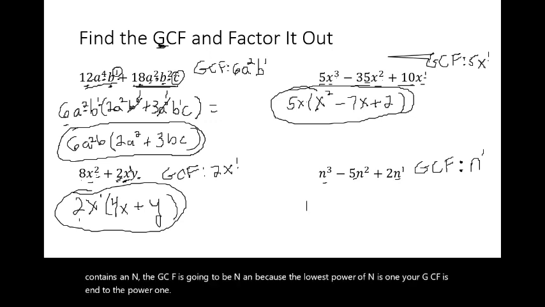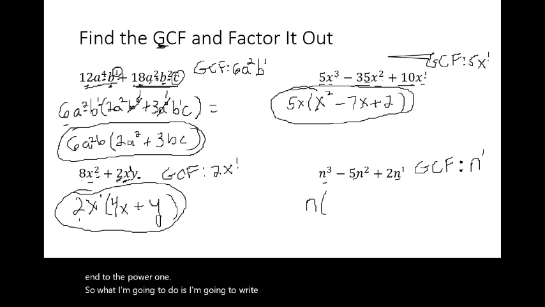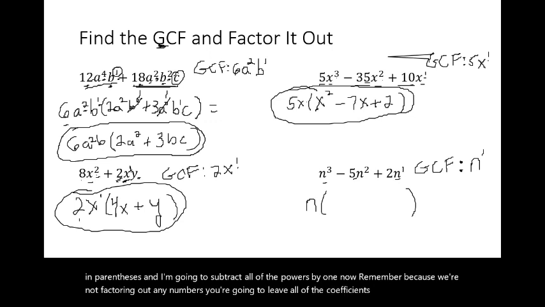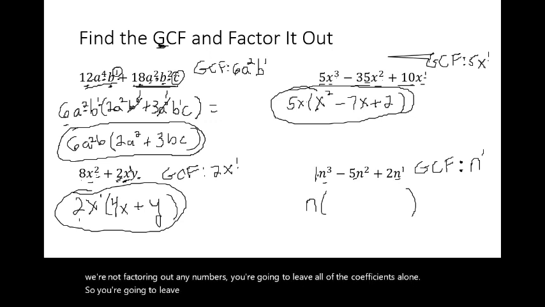So what I'm going to do is write the GCF n out front. I'm going to put the leftovers in parentheses, and I'm going to subtract all of the powers by 1. Now remember, because we are not factoring out any numbers, you're going to leave all of the coefficients alone. So you're going to leave this leading coefficient of 1 alone, and then 3 minus 1 is n to the power 2.